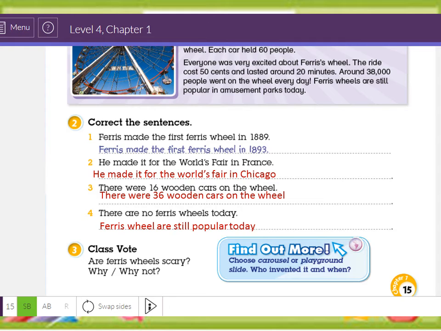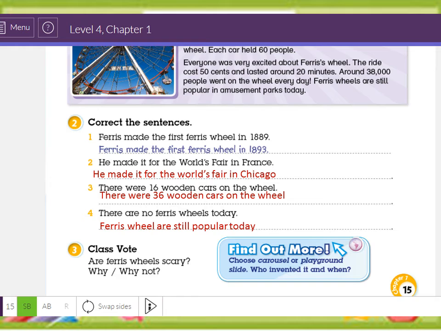So you have to make the right sentence. The right one becomes: Ferris made the first Ferris wheel in 1893. It is based on the story about the Ferris wheel that we have read before.